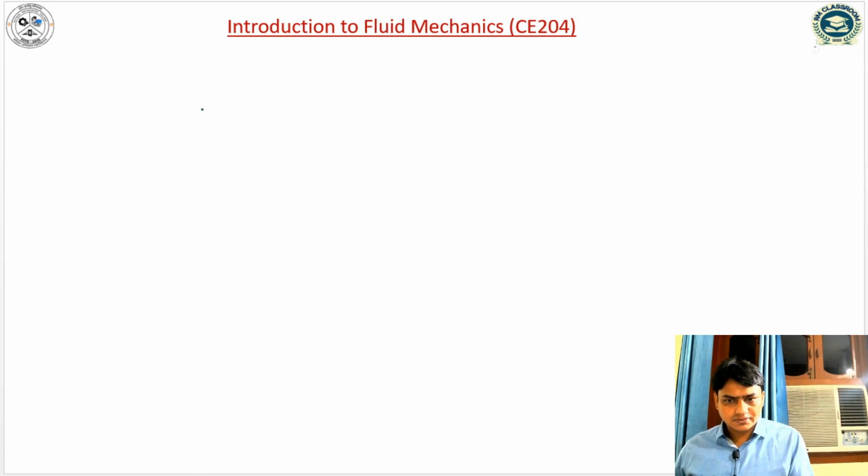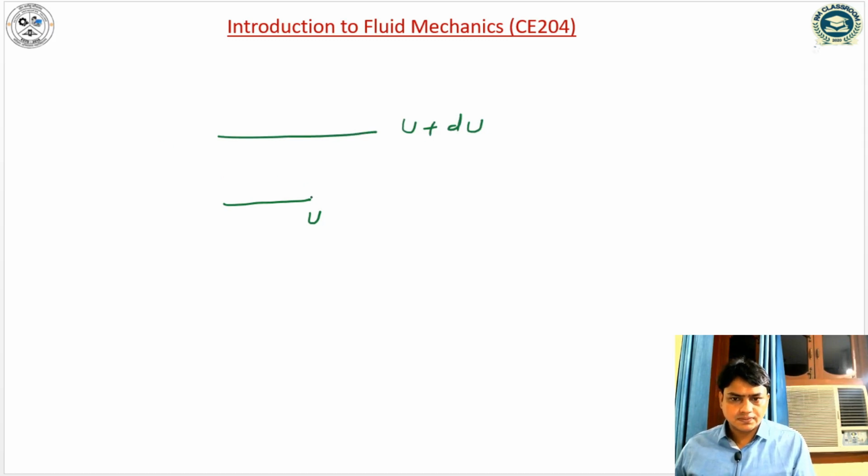So if I write, let us assume the velocity is u, and the upper moving layer has a velocity u plus du, and the distance between the two layers is dy.